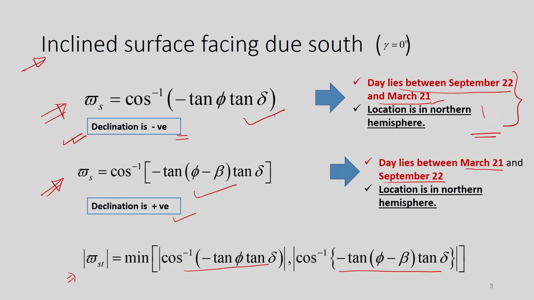In the second case, if the representative day is between March 21 and September 22, then we have to use this expression. And finally, we will use the minimum of both the expressions for the calculation of omega s t.